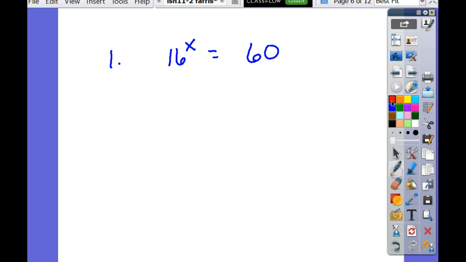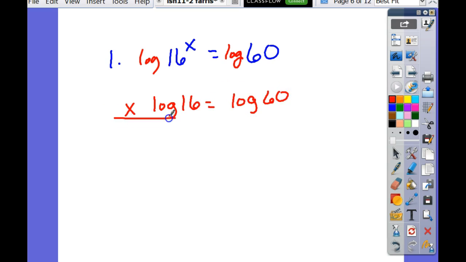We are going to take the log of both sides. The reason you take the log is so you can use the power rule and bring the X out in front. To solve for the X, I need to divide by the log of 16.